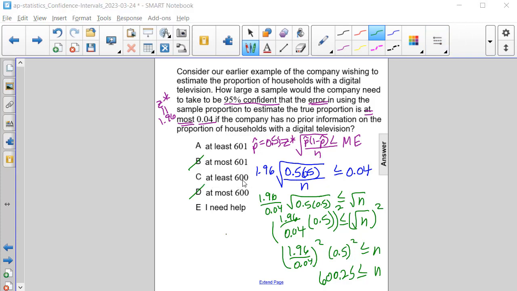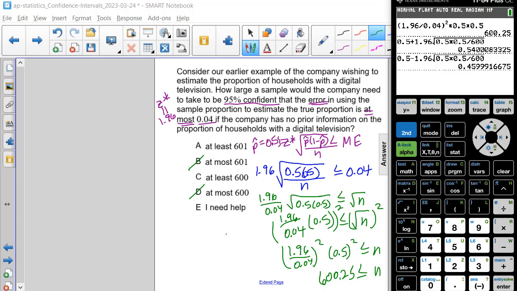So let's check to see if 600 would indeed give us a confidence interval within 4% of 50%. If we substitute the n value of 600 into our formula to determine the confidence interval, we end up getting 54%, and all of these 9s in a row will round this up to 46%.